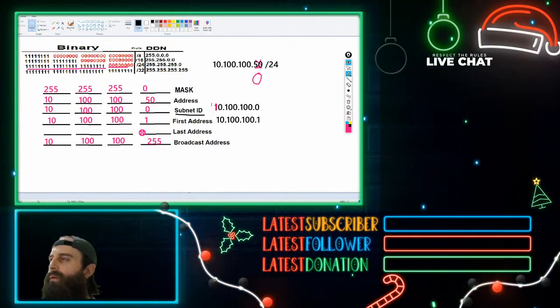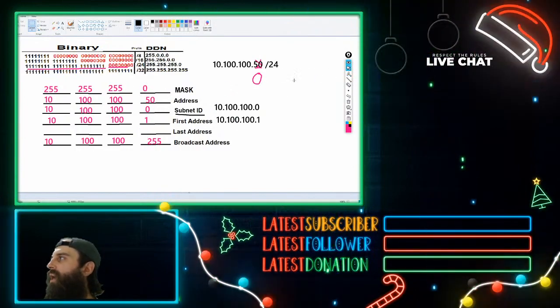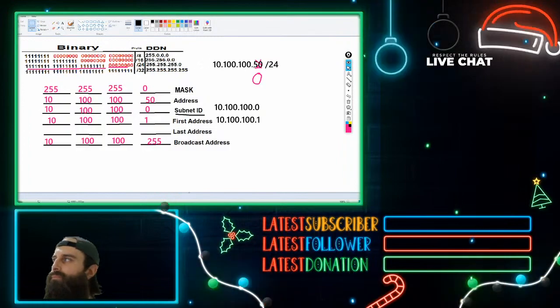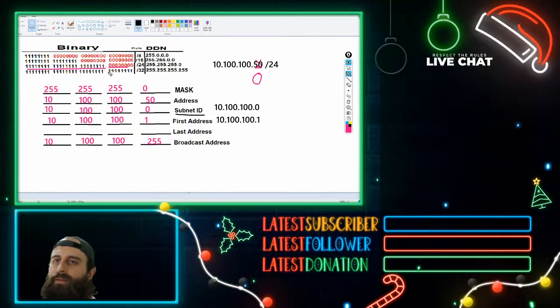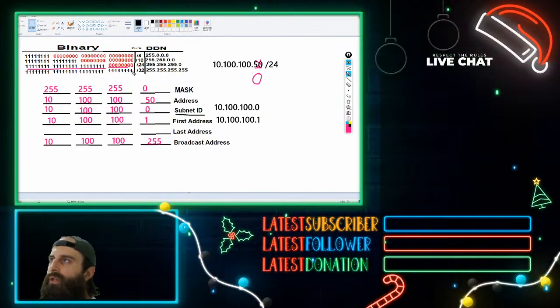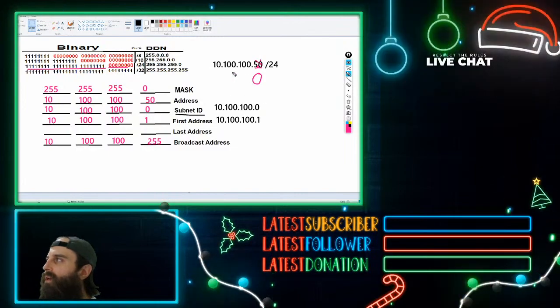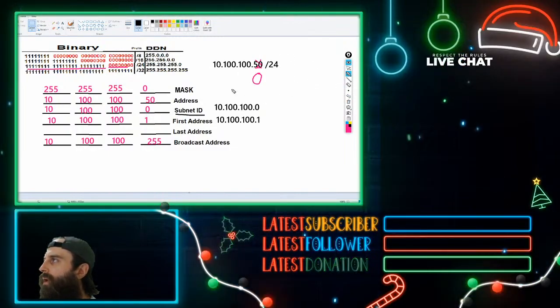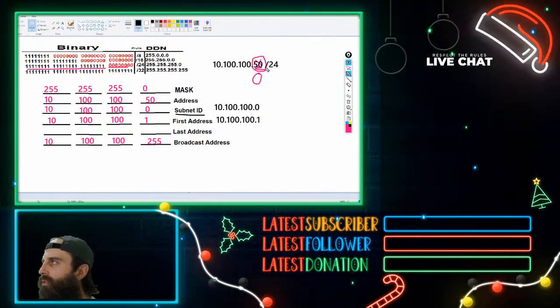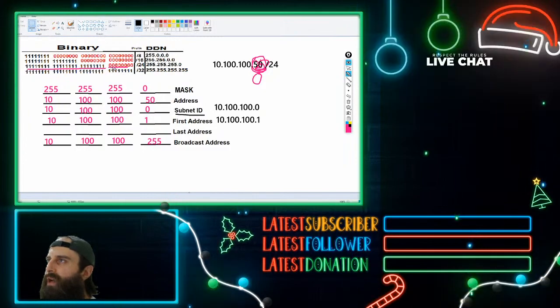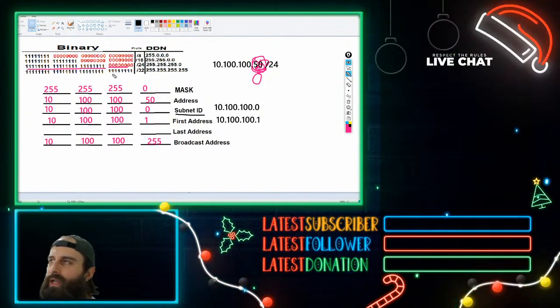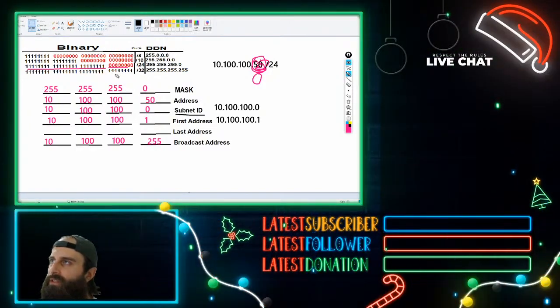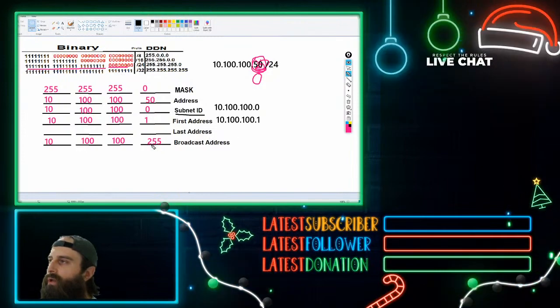To always find the broadcast address, you're going to fill the rest of the host portion with binary ones.